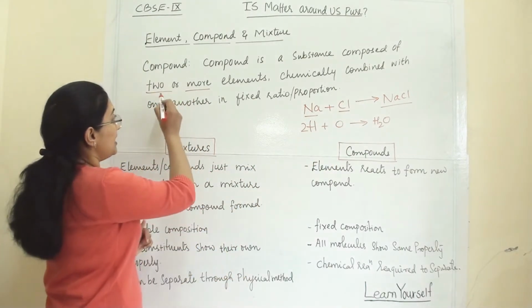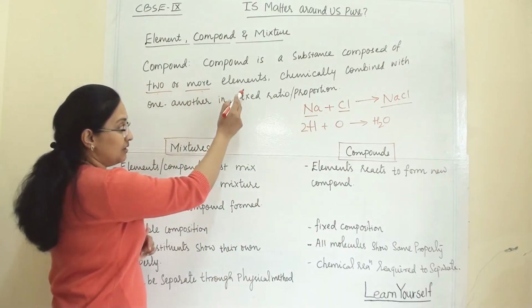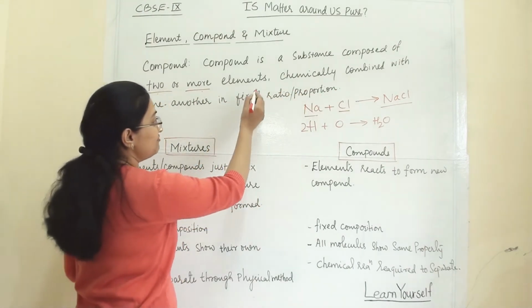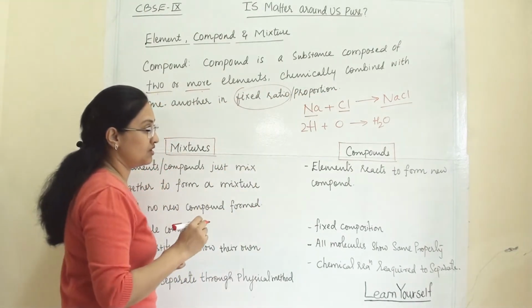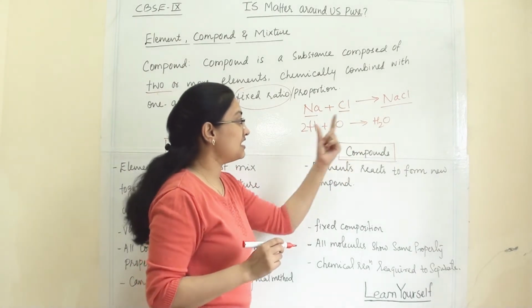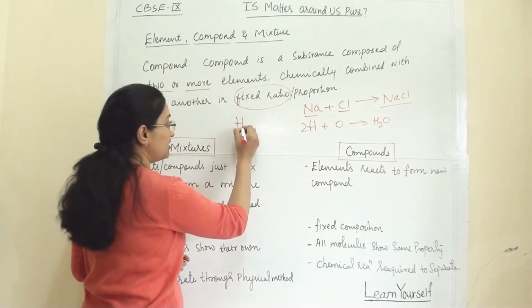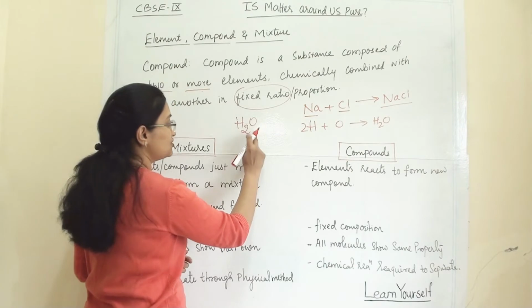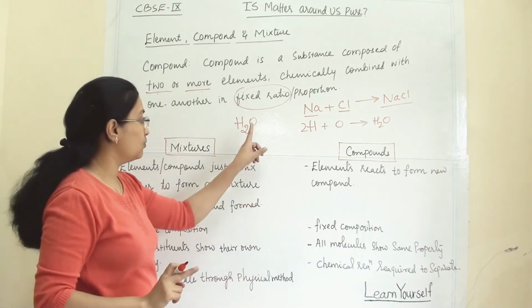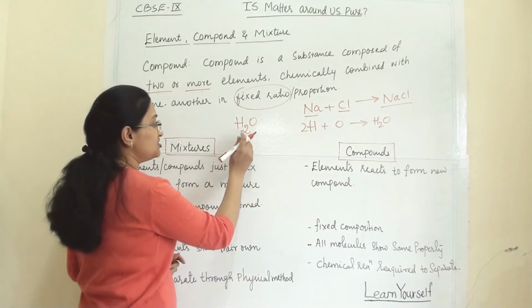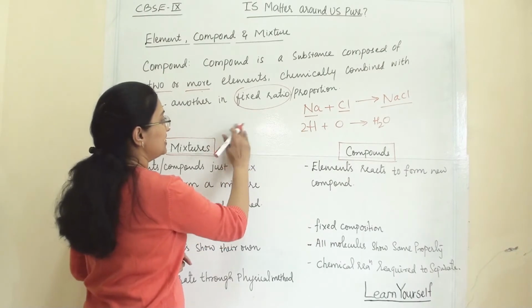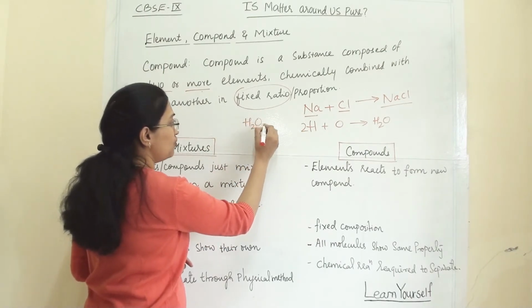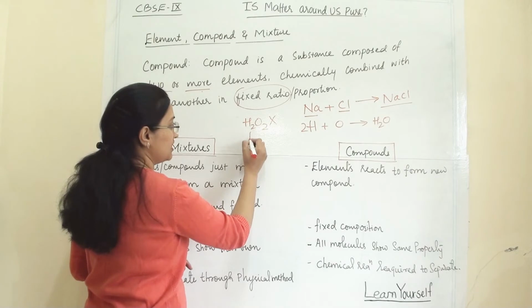Two or more elements combine chemically and in a fixed ratio. This is important because when we are discussing water, it is important that two atoms of hydrogen connect with one oxygen. If you change this and write H2O2, then this is not water.